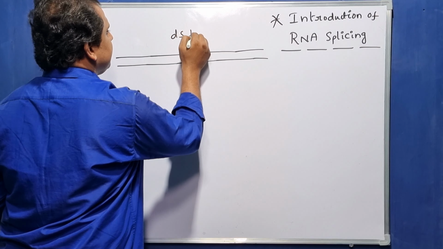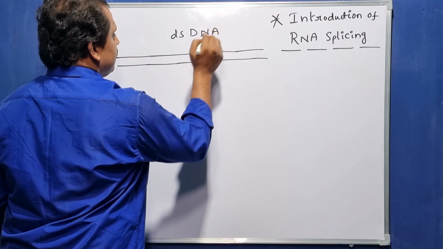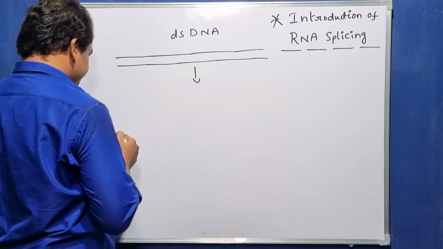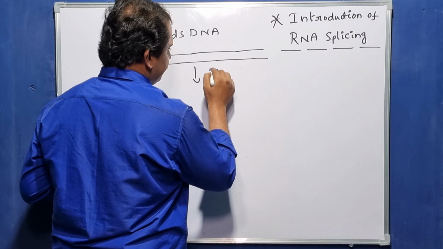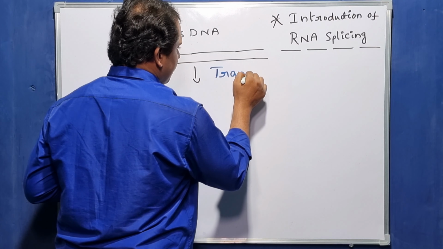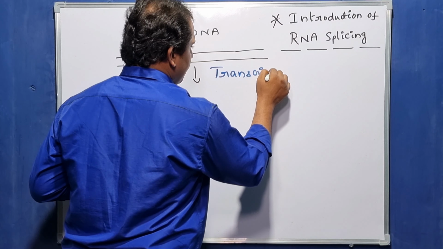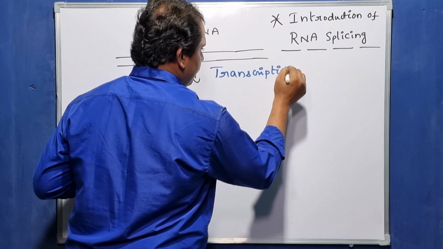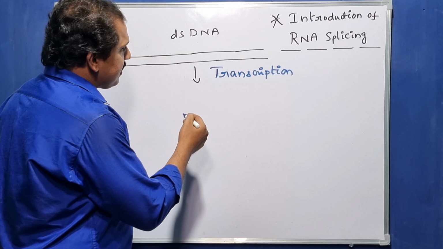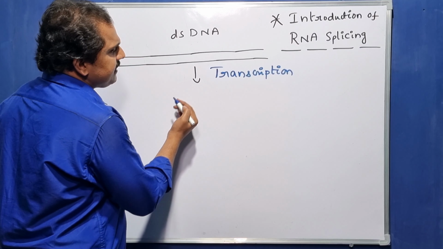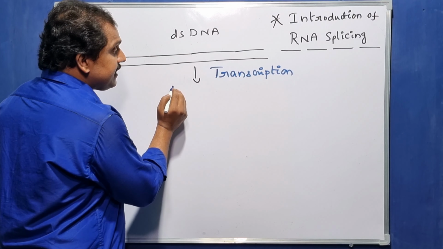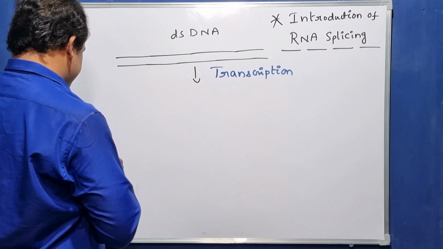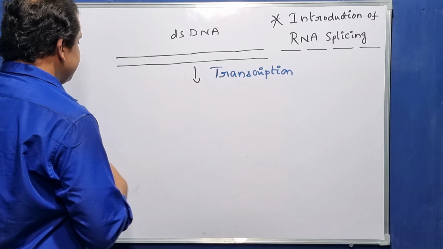When the double-stranded DNA participates in the transcription process, it synthesizes a single-stranded mRNA. So here it is the single-stranded mRNA, right?